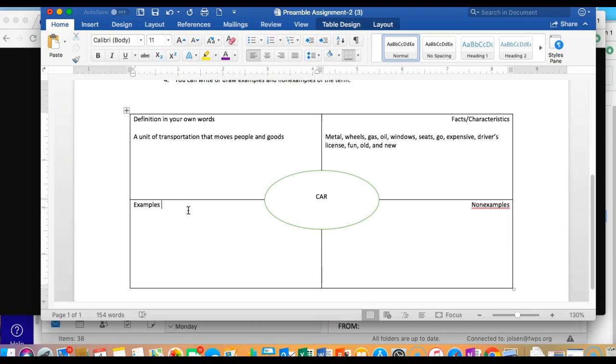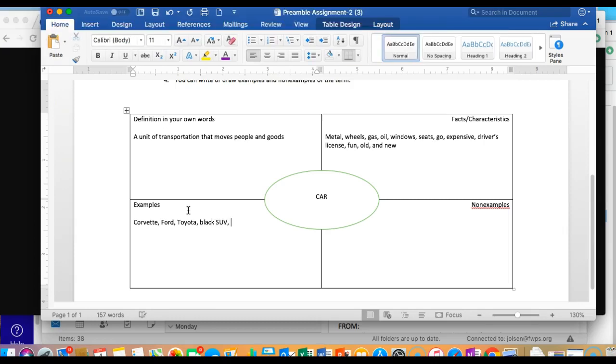Okay, now on to examples. Perhaps an example might be Corvette. Anybody like vets? Corvette. My grandpa had a Corvette. It was cherry red. Back to the assignment. Maybe you put Ford, Toyota. Whoop. Maybe you start saying colors.